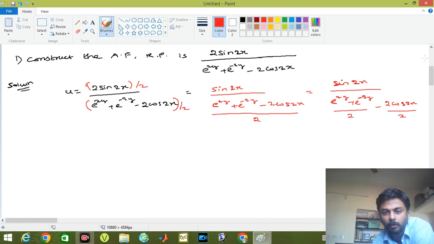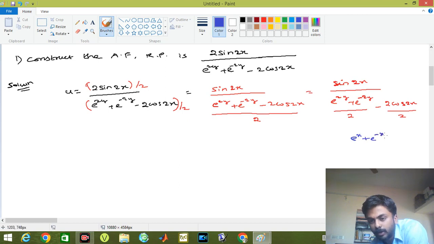So now we are going to make use of a formula. The formula we are going to use here is e power x plus e power minus x by 2 equal to cosh x, whereas e power x minus e power minus x by 2 equal to sinh x. So here we are going to use the first formula.